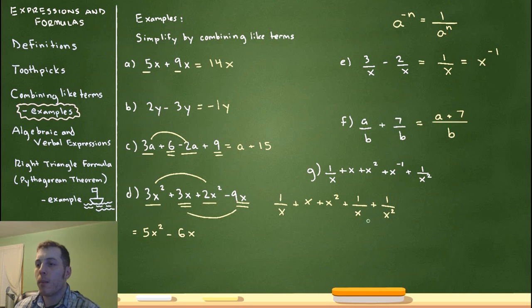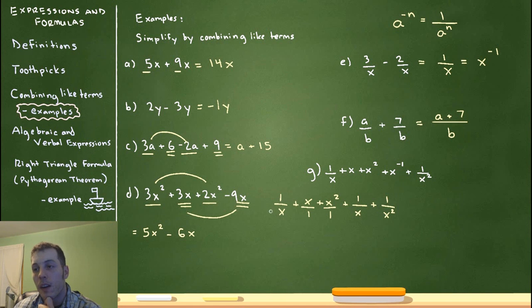But let's try to combine this all into a single fraction here. So this is over 1, and this is over 1, right? So it looks like our common denominator here would be x squared, okay? All of these pieces go into x squared. That's the highest piece here.